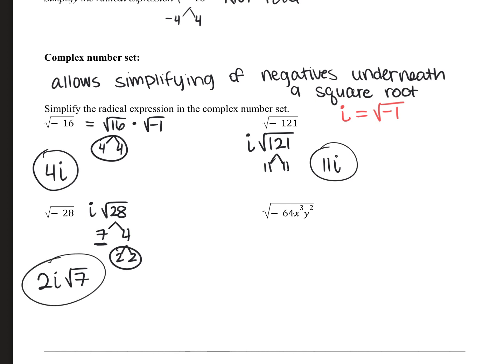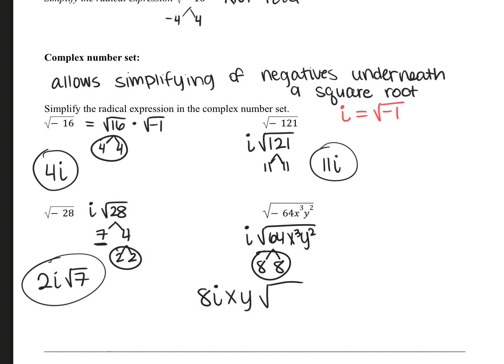It can also work if you have variables underneath the square root. So I'm going to first simplify it as i square root 64 x cubed y squared. 64 is 8 and 8. So it's going to become 8i. Now I'm going to simplify my variables like normal. I have one group of 2 in x cubed. I have one group of 2 in y squared.